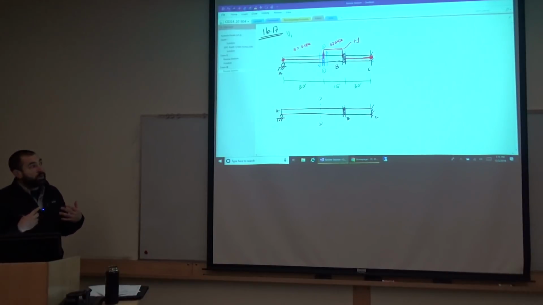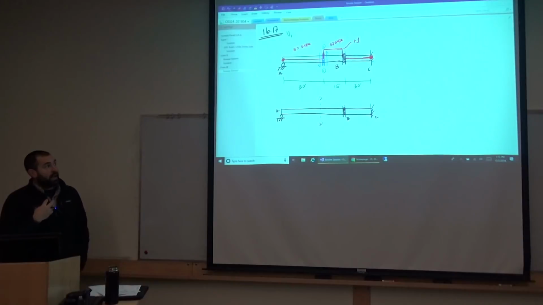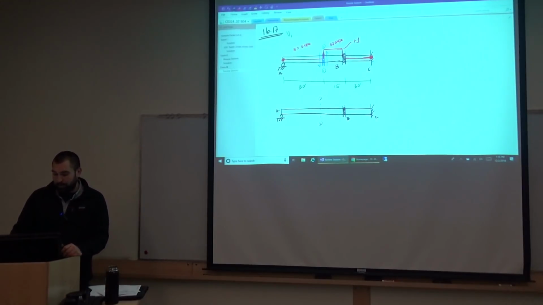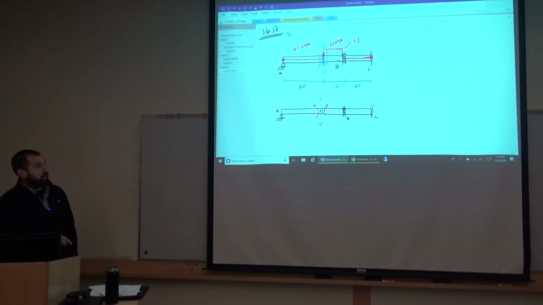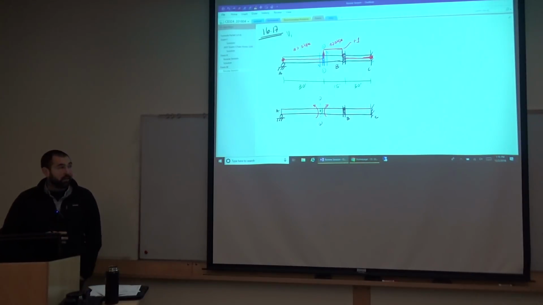So you tell me, what do we do if we want the moment influence line at section cut 1? Add a moment release. So now I'm just going to put a hinge in here, and then I'll draw, it wants to rotate clockwise on the right of that hinge. It wants to rotate counterclockwise to the left of that hinge. And now we've got to figure out which of those are possible.